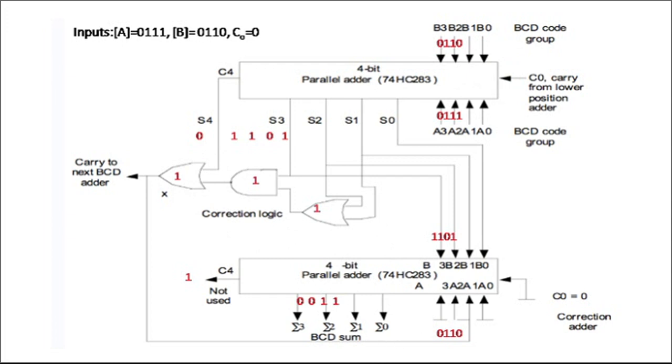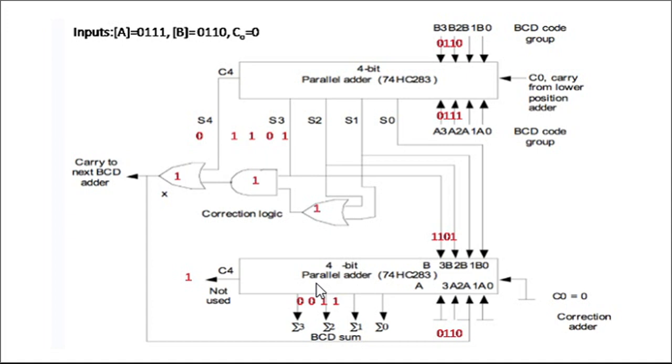In the BCD adder, the main important thing is that whenever the summation of two BCD numbers is more than 9, in that case we need to add the 6. After adding the 6, the invalid BCD is converted to valid BCD.